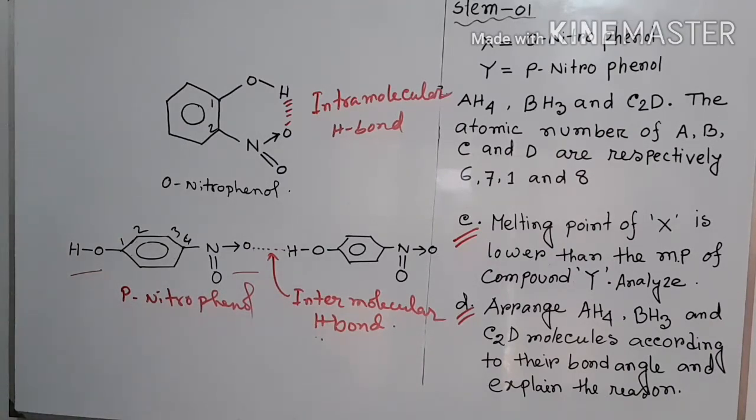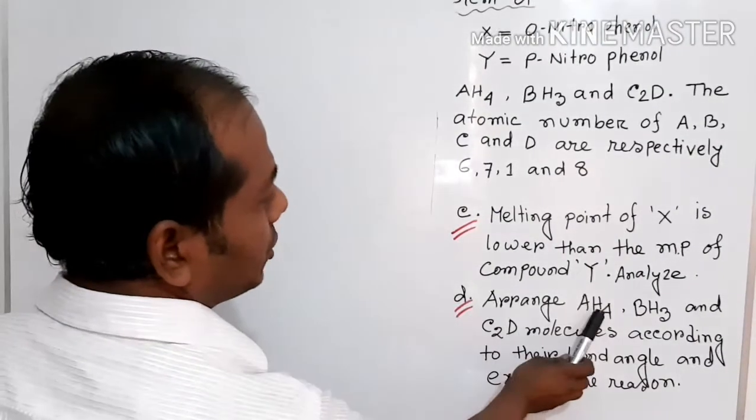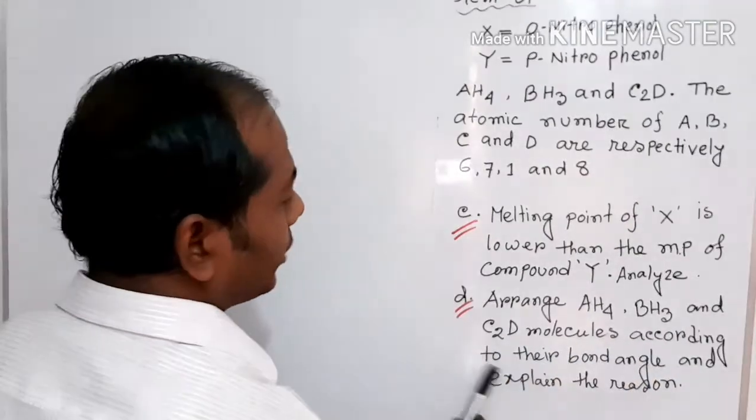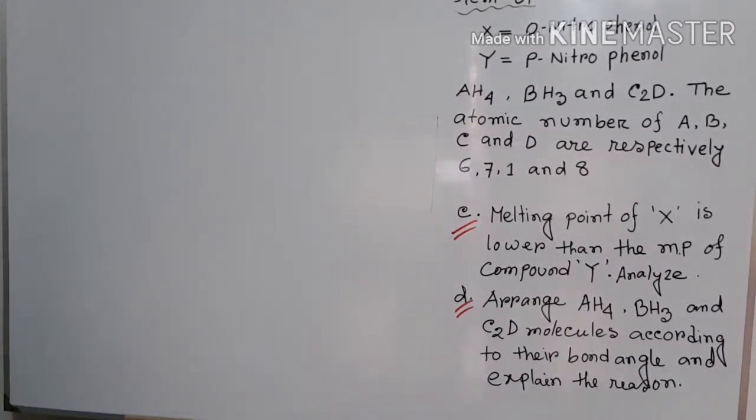As a result, the molecules become closer and their boiling point is higher, and that's why the melting point of orthonitrophenol is lower than the melting point of paranitrophenol. Now, question number D: arrange AH4, BH3 and C2D molecules according to their bond angle and explain the reason.